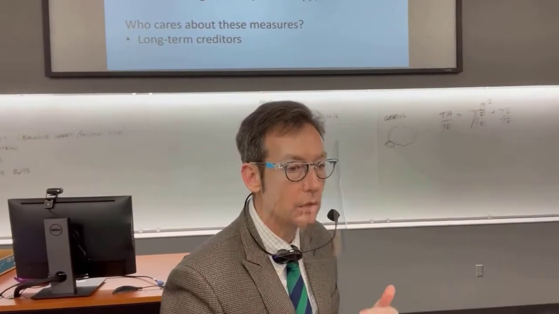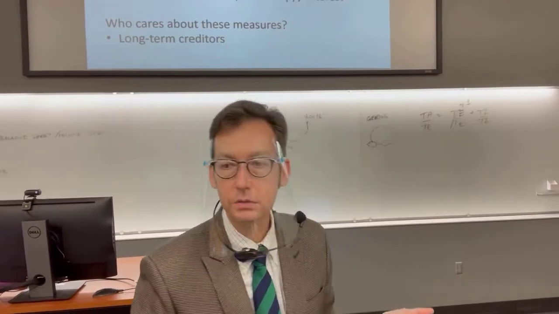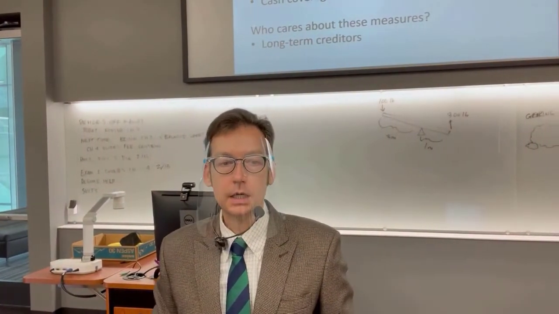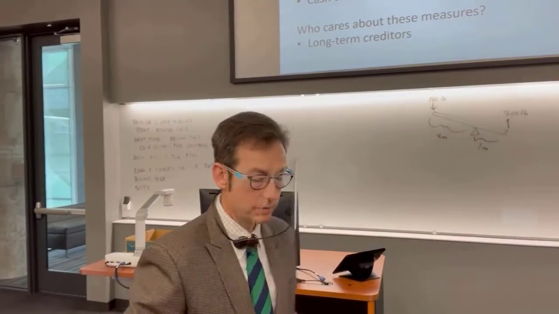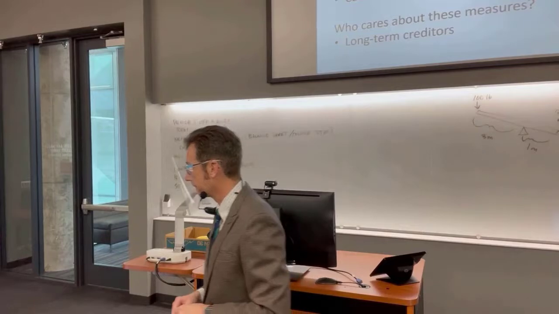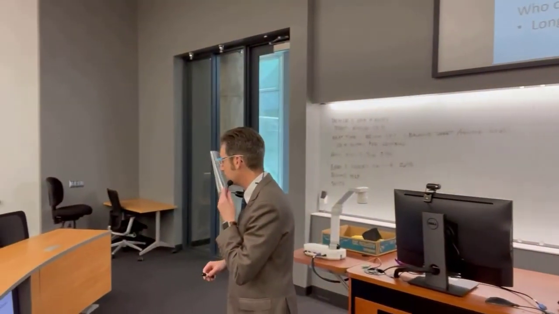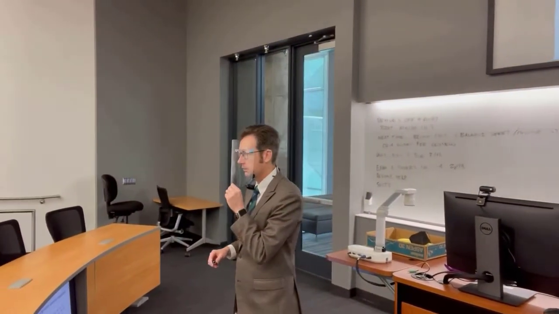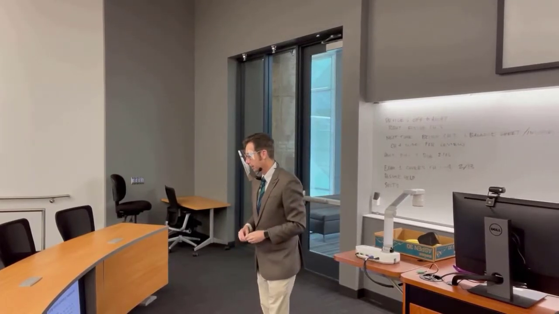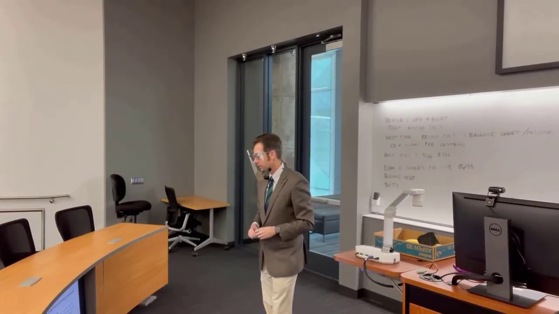Aha, 1 plus the debt to equity ratio gives me the equity multiplier. Questions? Okay. We're going to see the equity multiplier and why we call it that, but it's very closely related to this whole gearing thing, which is why it's called one of the leverage measures.